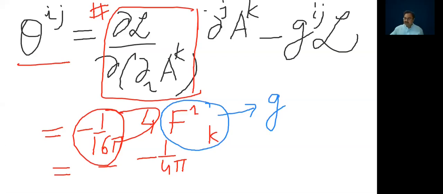So you can write this as g_im and F^mk. Okay, this is more beautiful because now you have F_mk, the field strength tensor, with both the indices sitting in the covariant positions. Okay, so then you can plug this thing back here and write down the whole expression, and then you write the following.